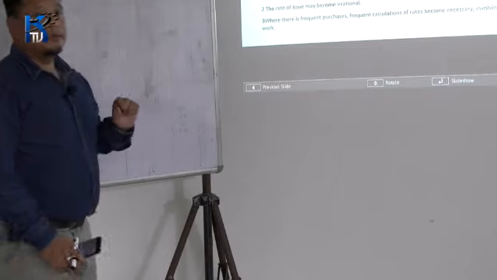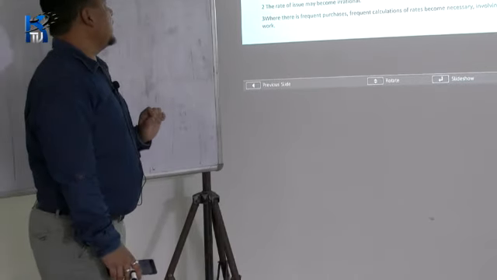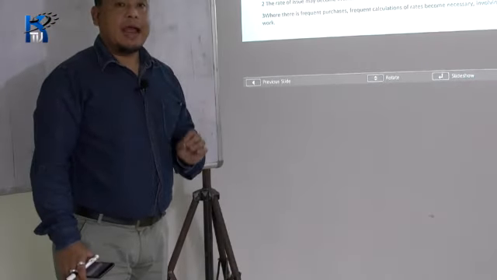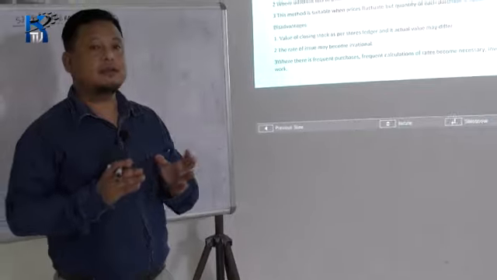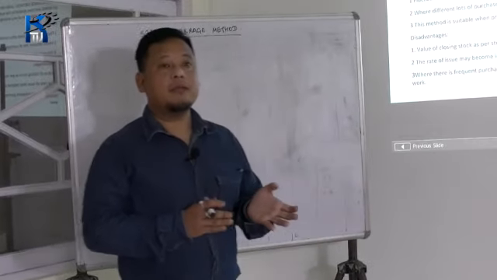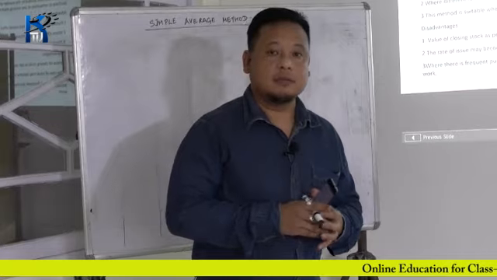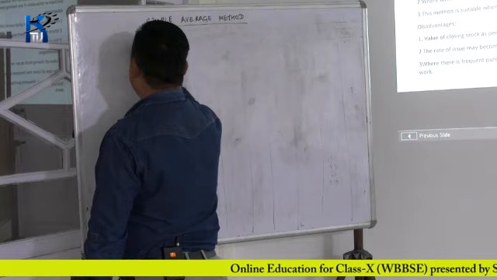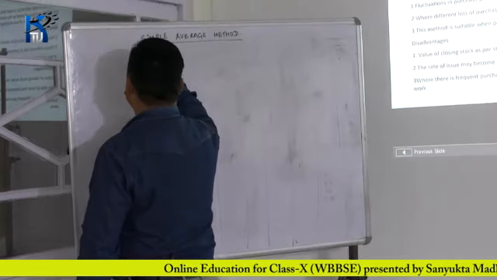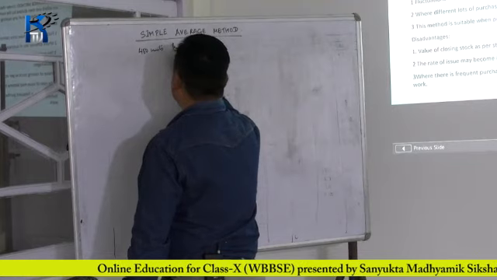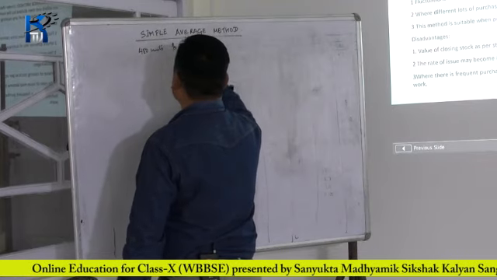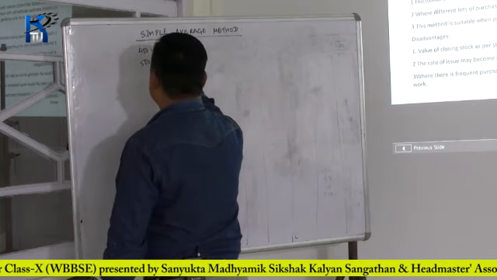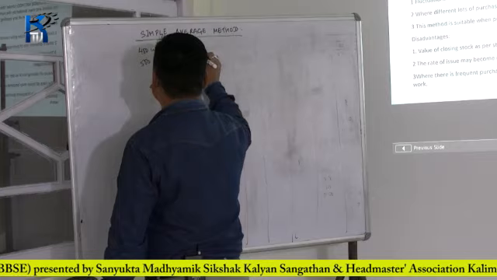Under this method, the rate of issue is calculated by adding the rates of materials available at that time divided by number of materials. Suppose on a certain date I have 400 units of certain materials of rupees 3 each and 500 units of rate 4 rupees each.